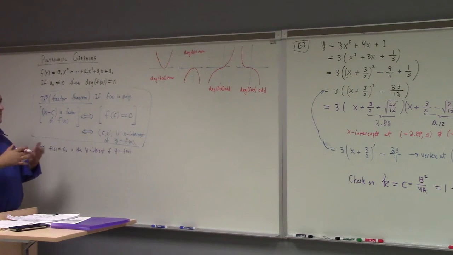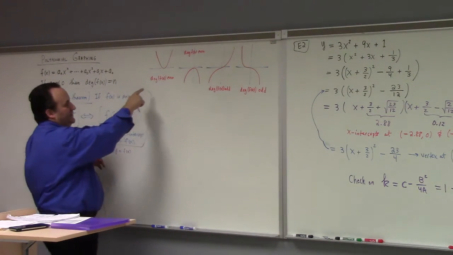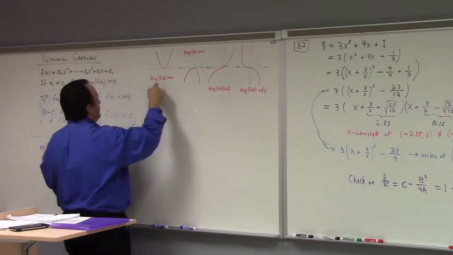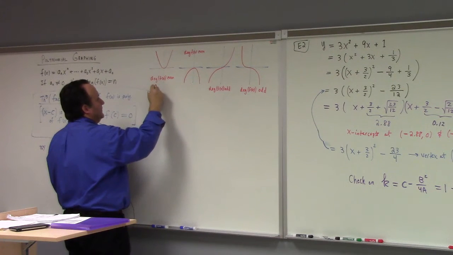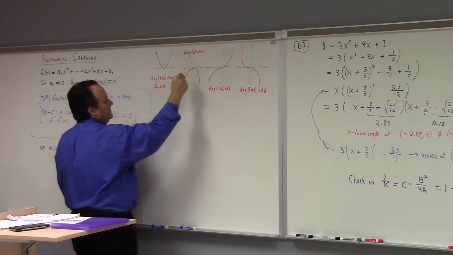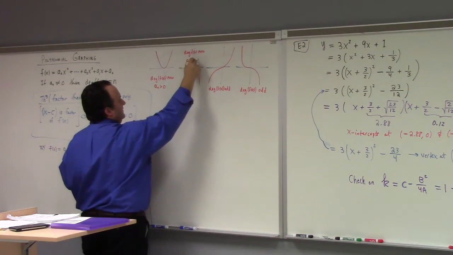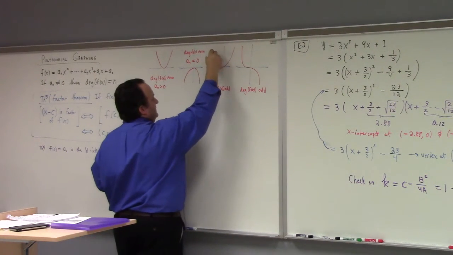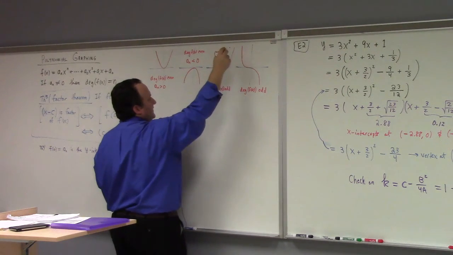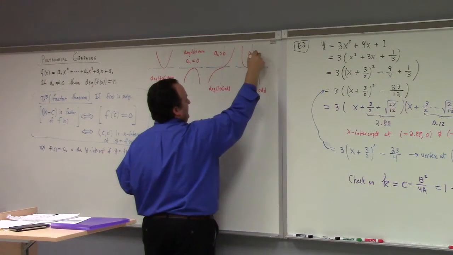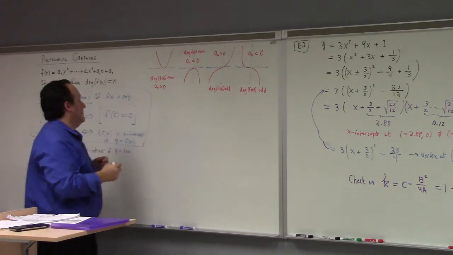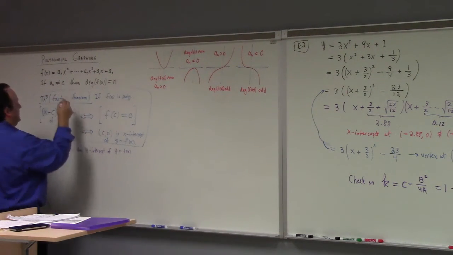But to separate the cases more properly, I have to tell you which one's which, right? So what makes this one and that one different? Here we have a sub n, the leading coefficient, positive, leading coefficient negative, leading coefficient positive, and finally leading coefficient negative. I'm using this term, leading coefficient, right?